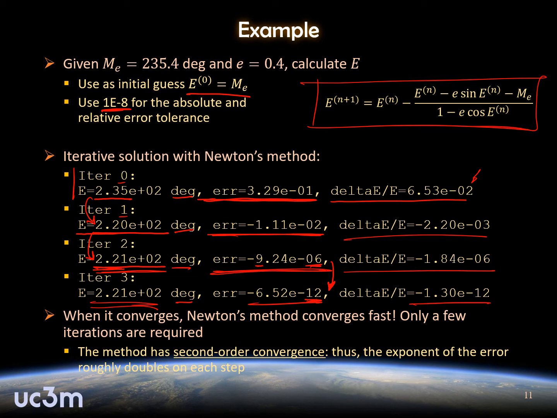This is what we know as second order convergence, and this is a characteristic of the Newton-Raphson solver when we have a simple root in the function that we are trying to solve. This is really a very good property. It means that in just a very few iterations, here just 3-4 iterations, we can reach the accuracy that we want very quickly.